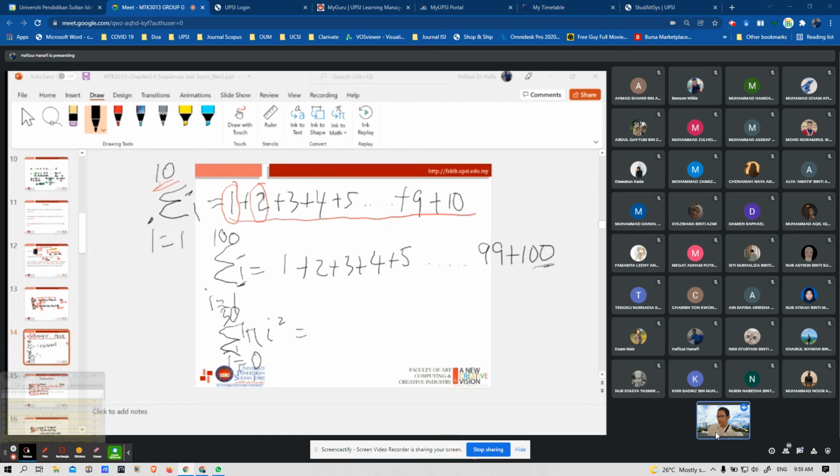When I equal to 0, this will be pi times 0 squared, and clearly that is 0. I will write down pi times 0 squared is equal to 0.